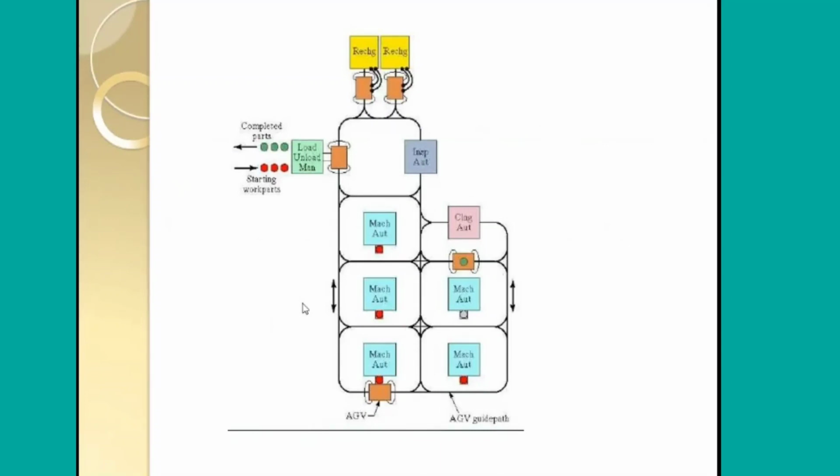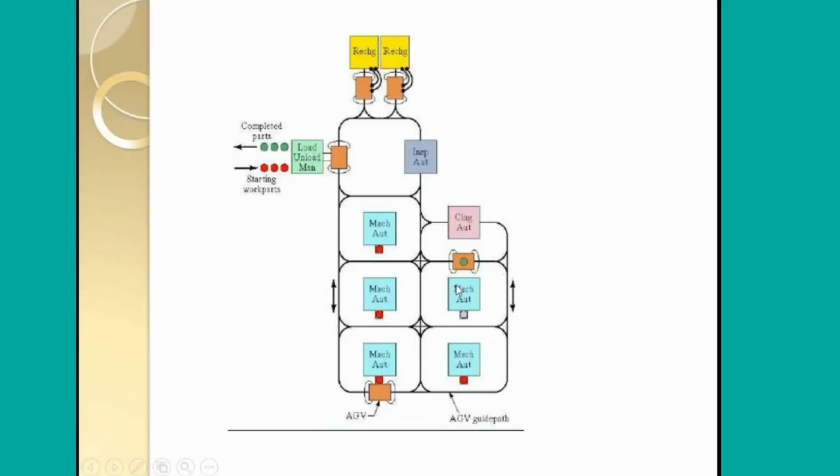So the automatic machining is also there. So 5 processing machines are there. Whichever one is free, the part will move to that and do the work. This is the major advantage of the open field layout. And the next important one is robot centered cell.